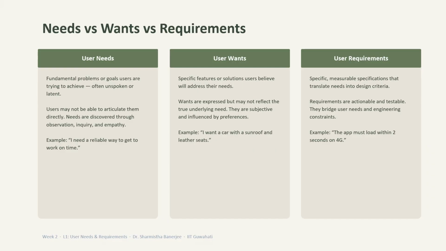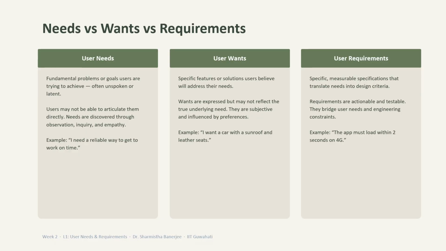So when they have just made the statement that I need a reliable way to get to work on time, there may be many of these latent other needs they are not actually verbalizing. So you need to figure out what is delaying them. What do they actually mean by being on time for work, and what do they mean by reliable?